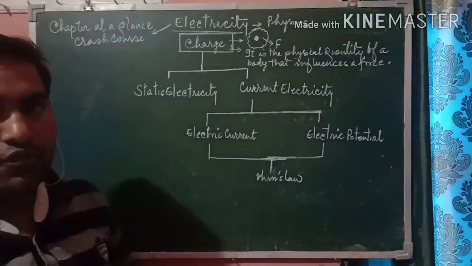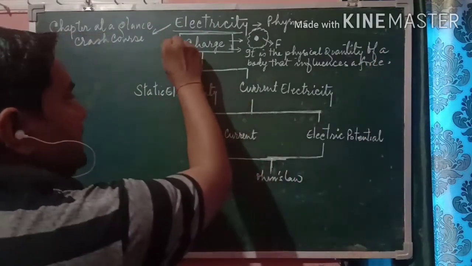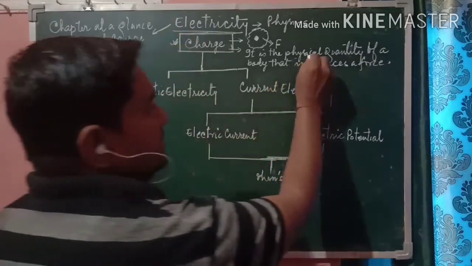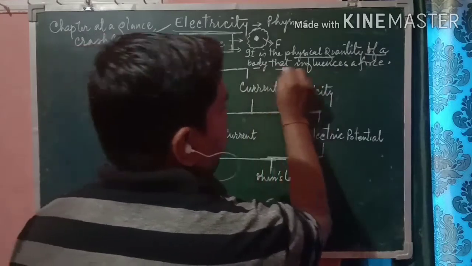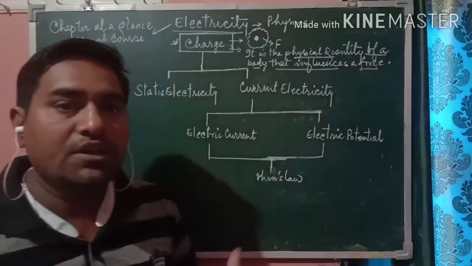Understood? In a very short way, I am telling you what a charge is. Actually, it is a physical quantity of a body that influences a force on other bodies.